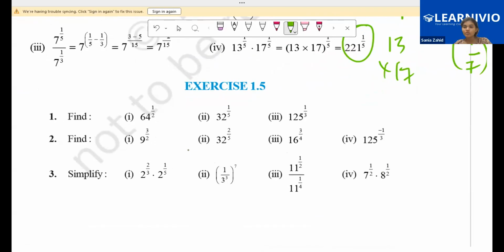Now children, look here. How do we solve these ones? So 64 to the power 1 by 2 you have. Whenever you have a bigger number as your base and you have some power written over it, it's simplification. So you will try to break down the bigger number. It's 64. How can I write 64 now?